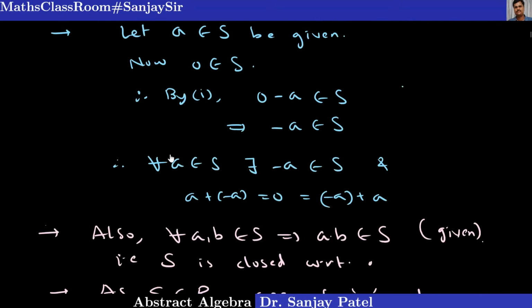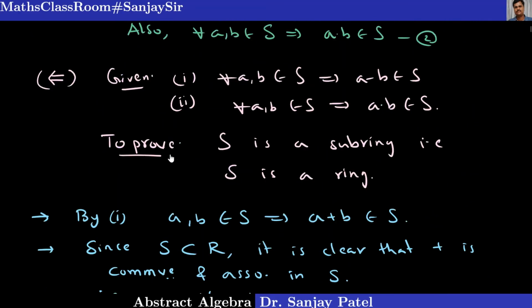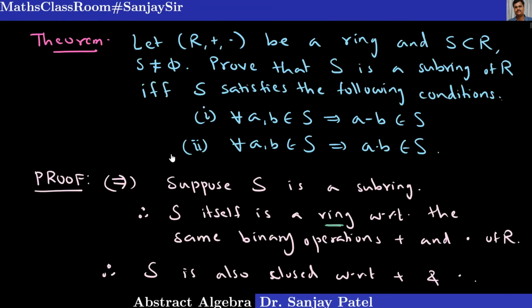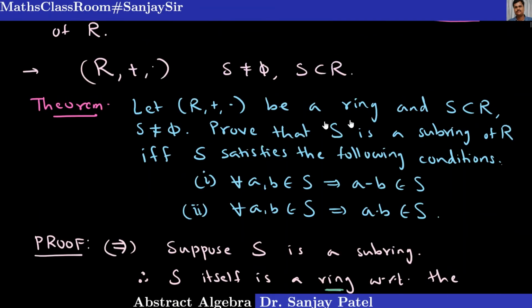So now onwards, instead of checking all the 8 conditions, remember, whenever you want to prove that a set S is a subring, this must be non-empty first of all, you must check the given set is non-empty. It is non-empty, it is a subset of R. Then you have to check only these 2 conditions. For all A, B belongs to S, A minus B belongs to S is true. And for every A, B belongs to S, we must have A into B also belongs to S. Then only we can say that S is a subring of the ring R.